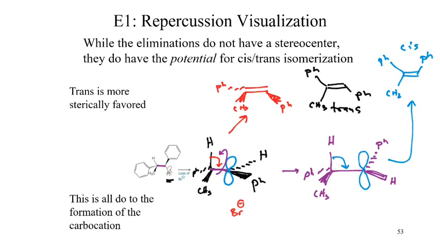Deciding which one we get is going to be largely dependent on the interactions between these large groups. So how unstable is the cis? And what are we talking about with those interactions? We're talking about this phenyl interacting with this phenyl in that intermediate. Well, I don't really see that interaction. Well, if you don't see that interaction, awesome.